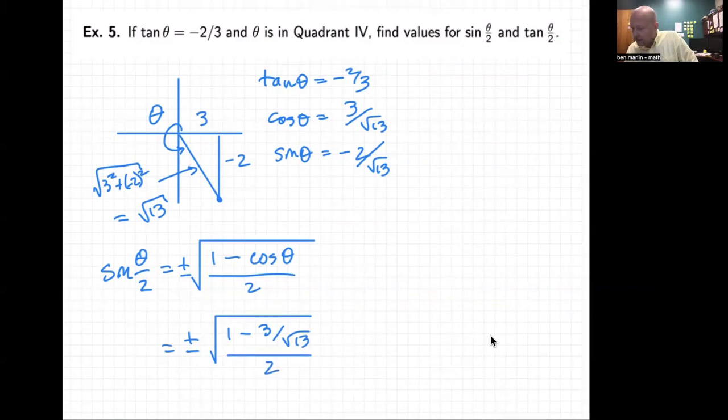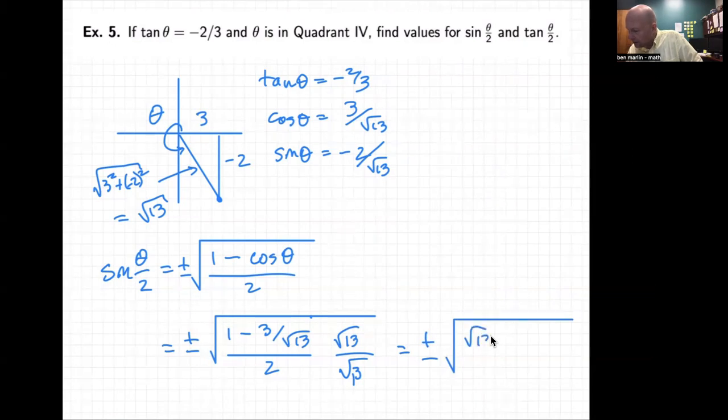And if you'd like, you can then extend this out a little ways, multiply top and bottom by the square root of 13, and then have that it's plus or minus the square root of radical 13 minus 3 over 2 square roots of 13. Wish we could cancel something, but we can't.